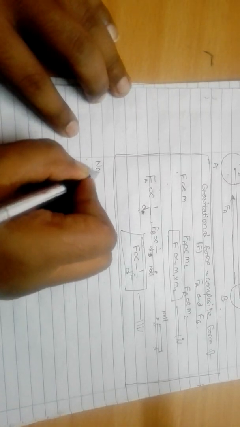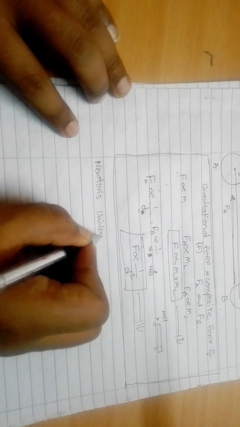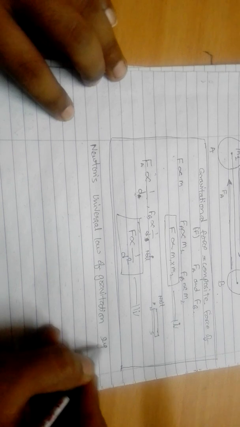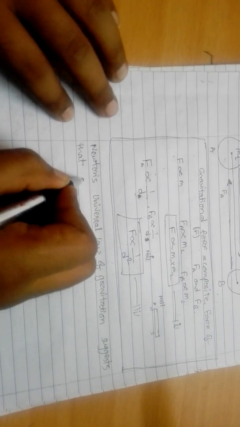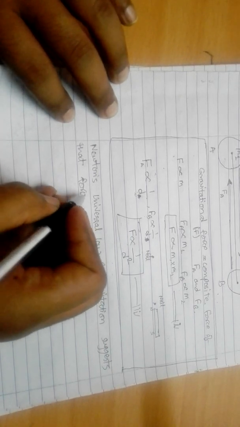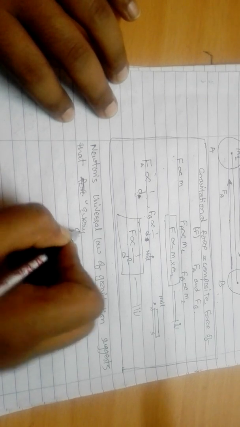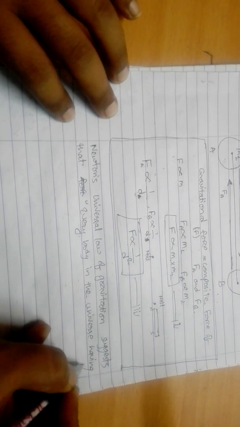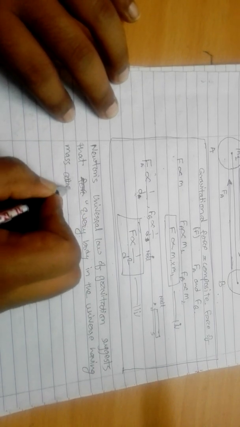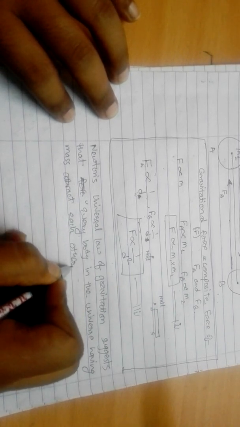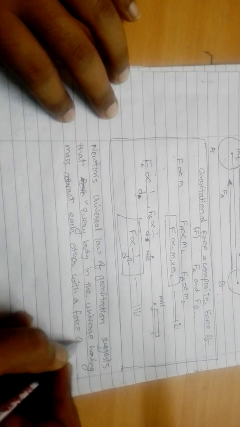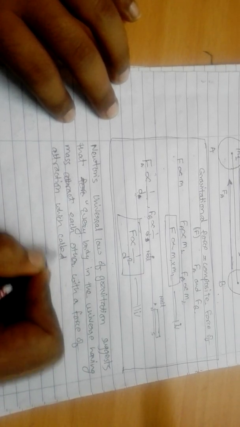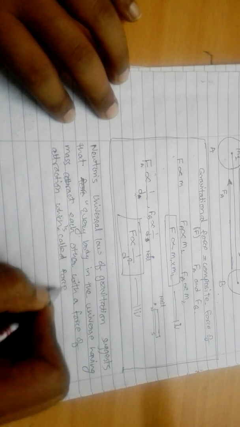According to Newton's universal law of gravitation, every body in the universe having mass attracts each other with a force of attraction which is called force of gravitation.